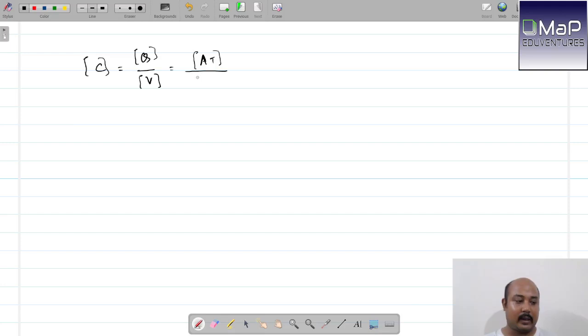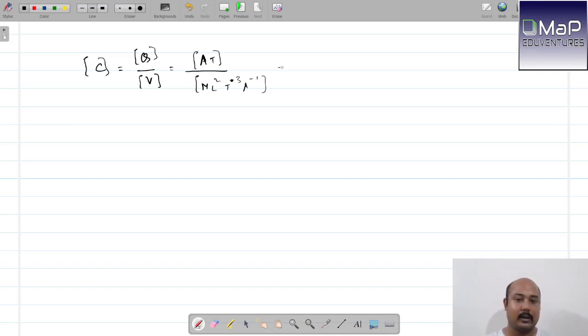The potential difference, or electrostatic potential, has the dimensional formula M L square T to the power minus 3 A to the power minus 1.